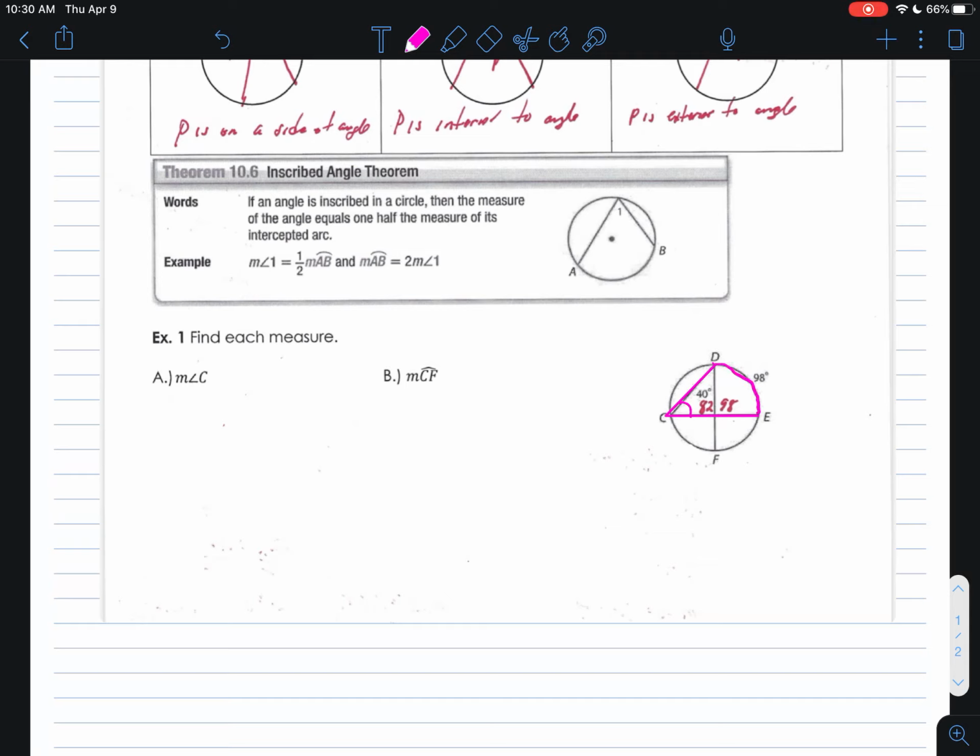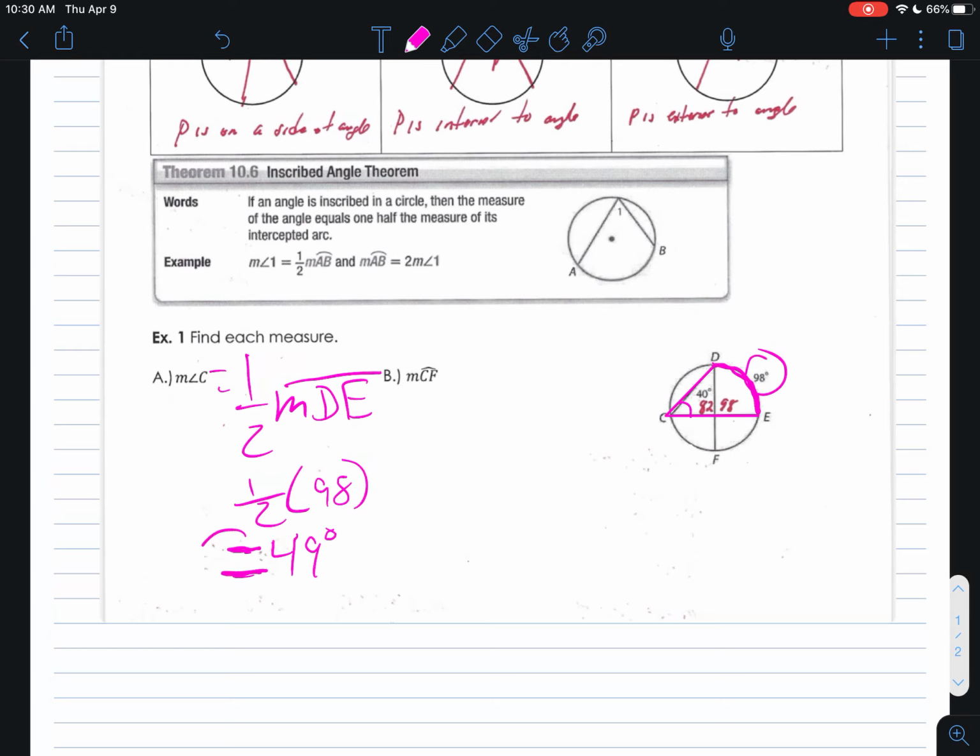It includes this arc. So since we see this is 98 degrees, we have to understand that the measure of angle C is going to be half the measure of arc DE. So once we do that, we plug it in, 98, and that's going to equal 49 degrees. Okay, so that would be our answer.